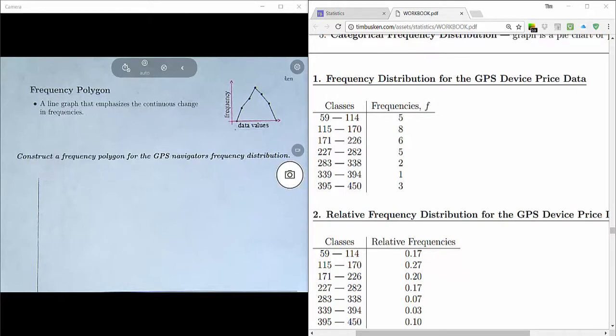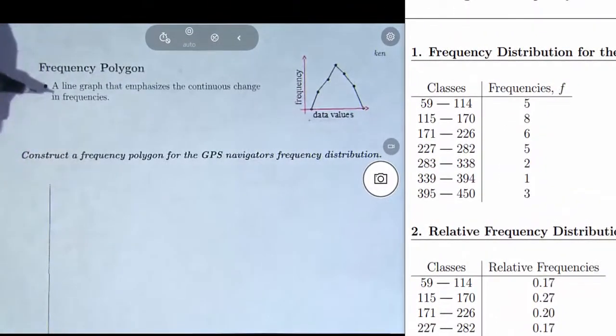We want to just graph the points, or the ordered pairs, on the frequency polygon. The x-coordinate will be the midpoint, and the y-coordinate will be the frequency of each class.